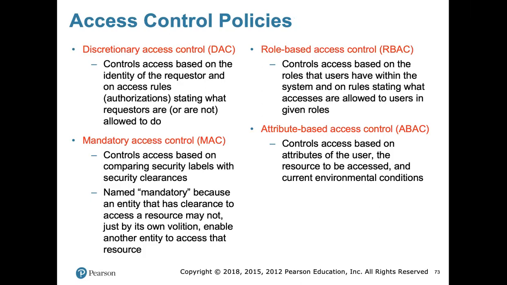In discretionary access control, it controls access based on the identity of the requester and based on some access rules that come from an authorization database, stating what requesters are supposed to be able to access and what are not.